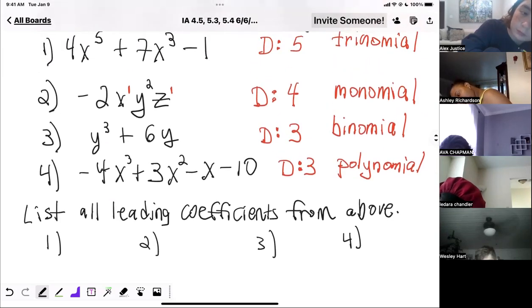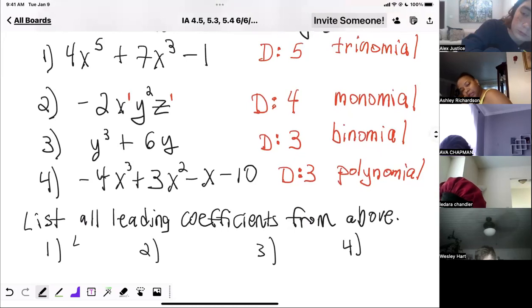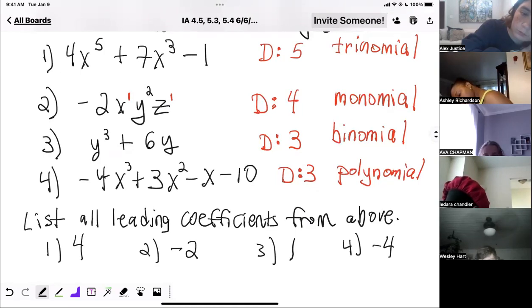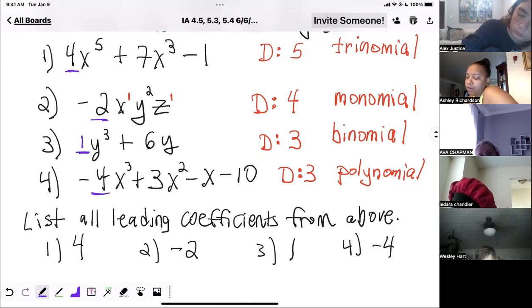Okay, leading coefficients for the first one would be 4. For the second one would be -2. For the third one would be 1. And the fourth one would be -4. I'm going to underline them just in case you didn't see it. They're my leading coefficients. The first coefficient you see when you put them in standard form.